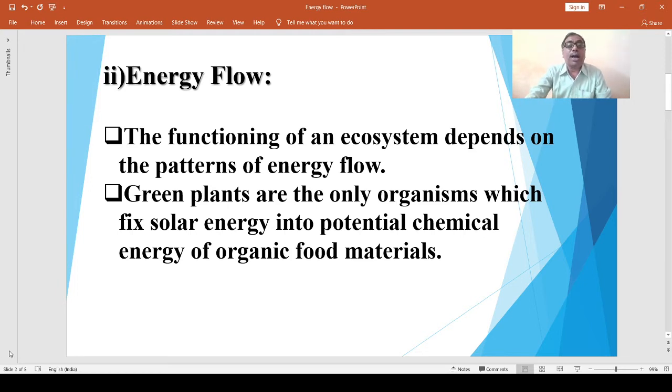Green plants are the only organisms which fix solar energy into potential chemical energy of organic food materials like carbohydrates, protein, and fat. This food energy serves as the driving force for all life on the Earth's surface.